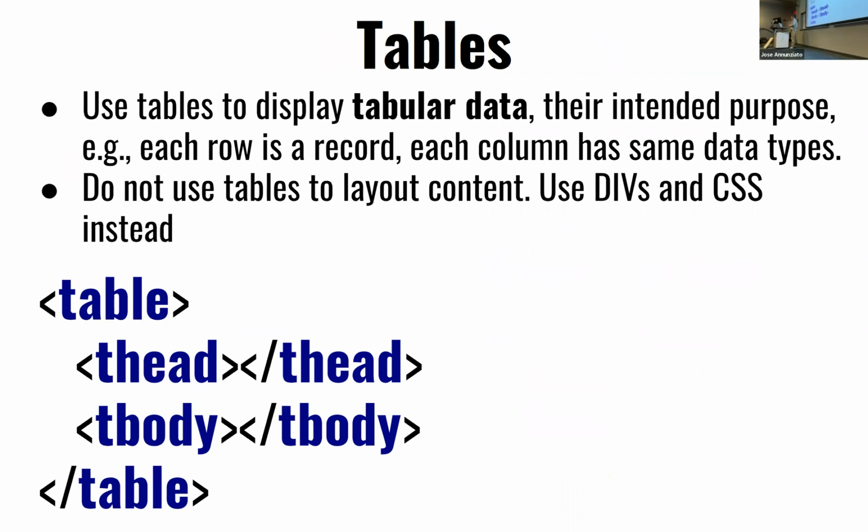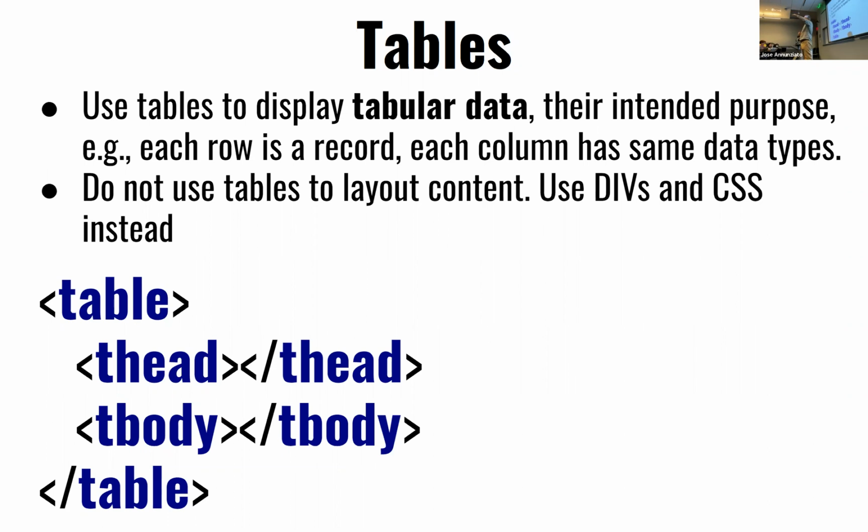Tables are also a common way of styling content. These are mostly intended to display tabular data, as if they were records in a database, where each row represents some kind of data point. It might be all the grades that you got for this semester, and then each row would be a different student.